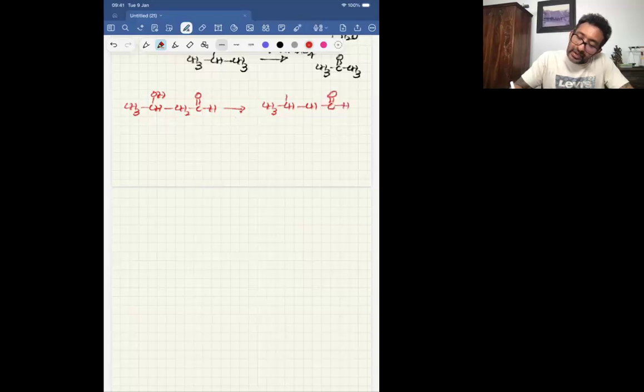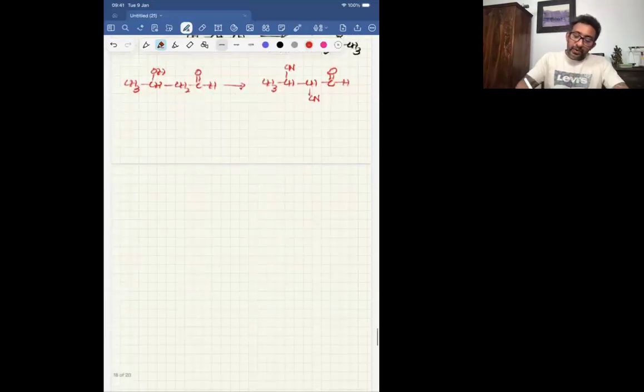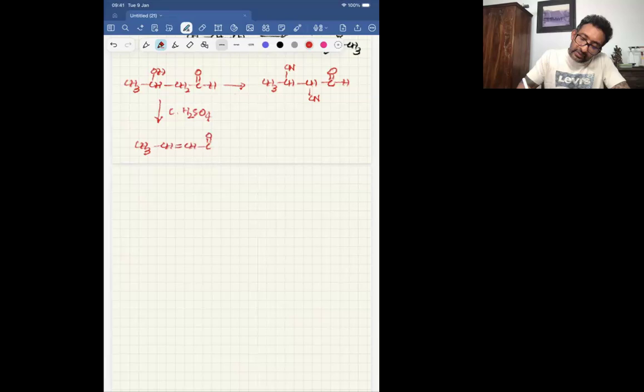So here also CN, right? So if you look at this one, you have to use concentrated sulfuric. You get CH3, CH, double bond CH, COH. Add bromine to this.